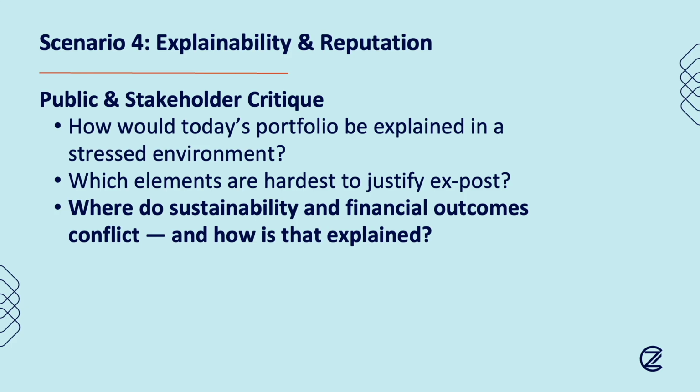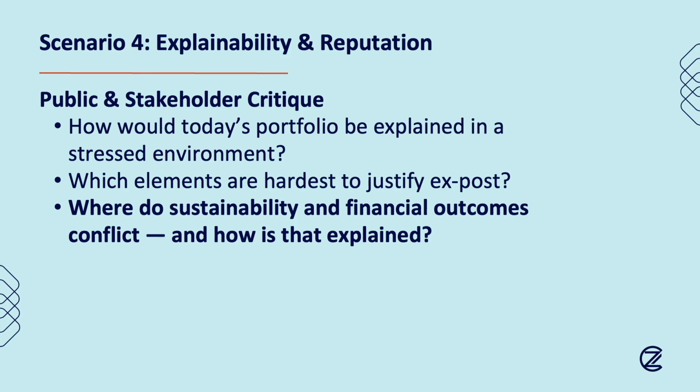You can ask yourself, for example, how would today's portfolio be explained in such a stressful environment? Which elements are hardest to justify ex post? It's usually the more complex ones, as a spoiler alert. Where do sustainability and financial outcomes conflict, if sustainability is one of your mandates and one of your targets?